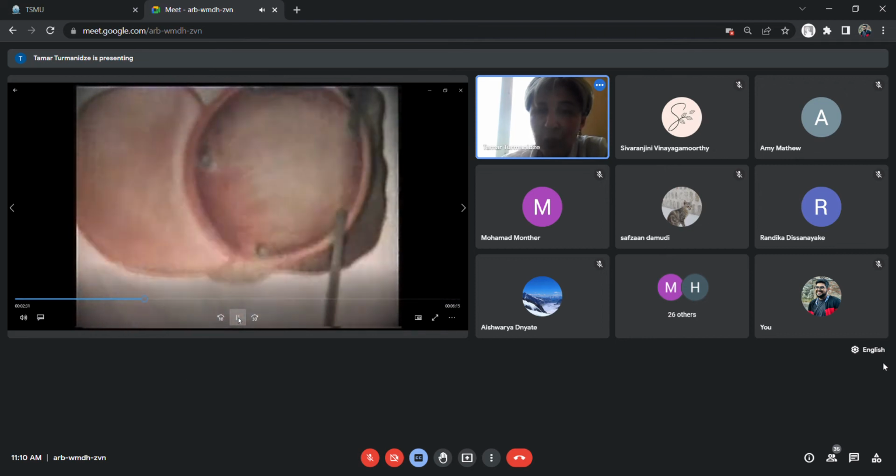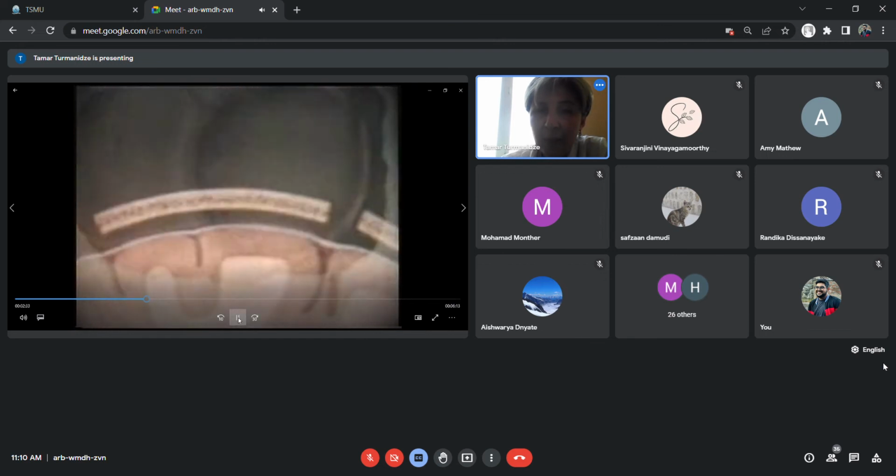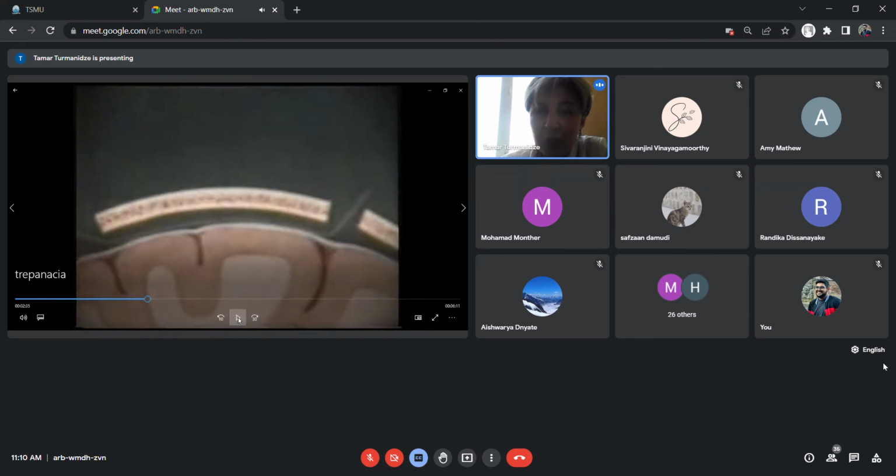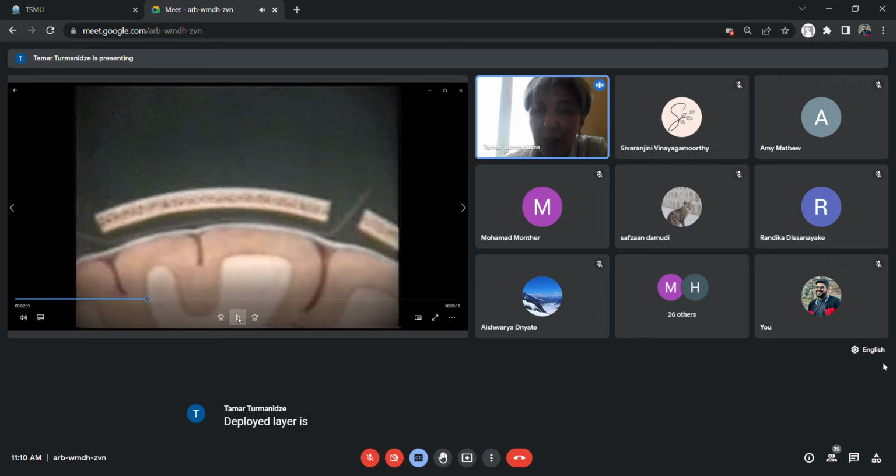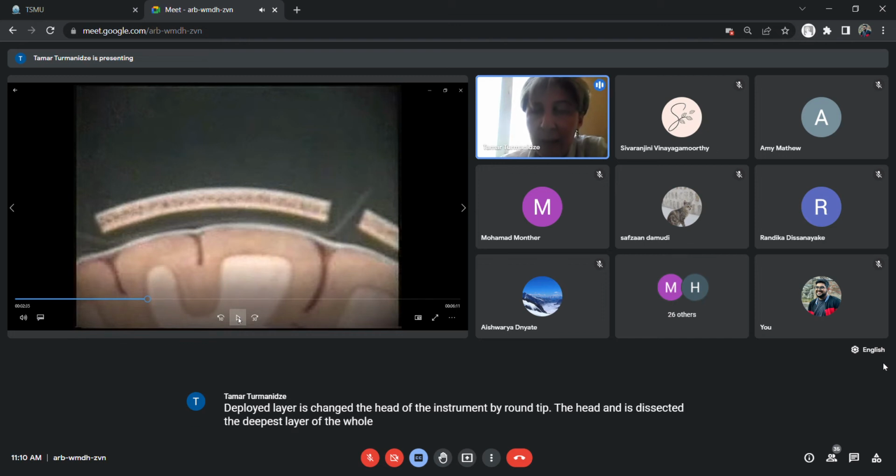After dissection of the diploid layer, the head of the instrument is changed to a round-tipped head, and the deepest layer of the bone, lamina interna, is dissected.